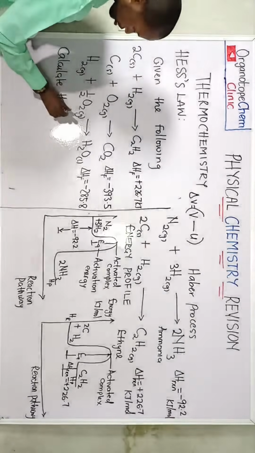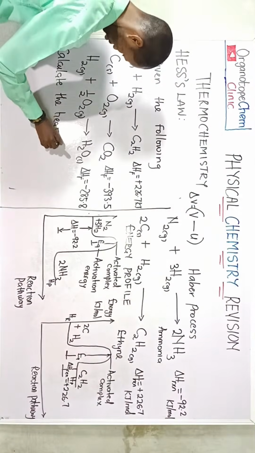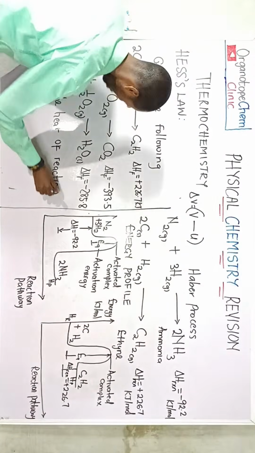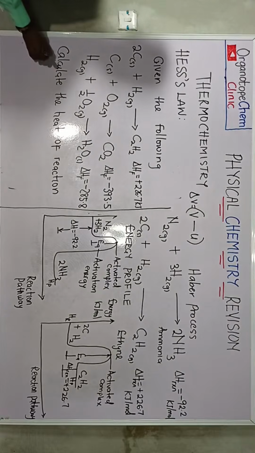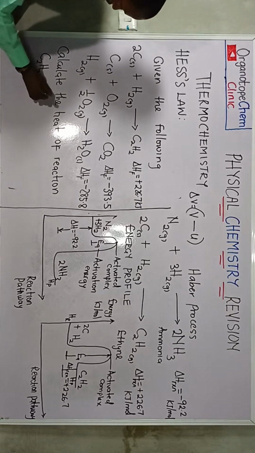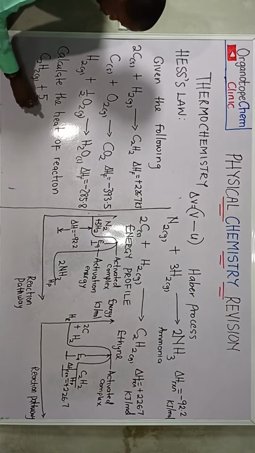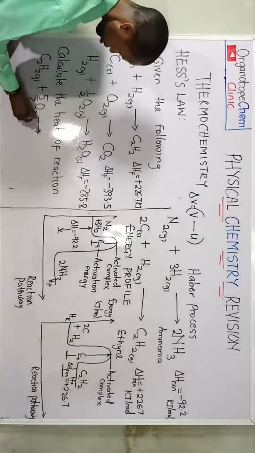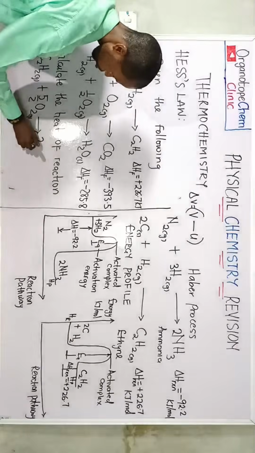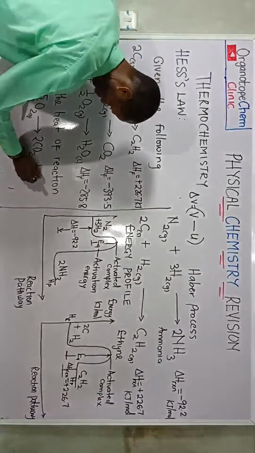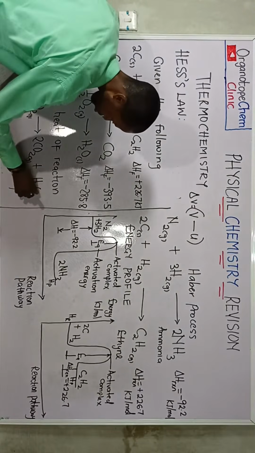Then we have to calculate the heat of reaction. We're given this equation: H2 gas plus 5/2 O2 going to 2CO2 plus H2O.